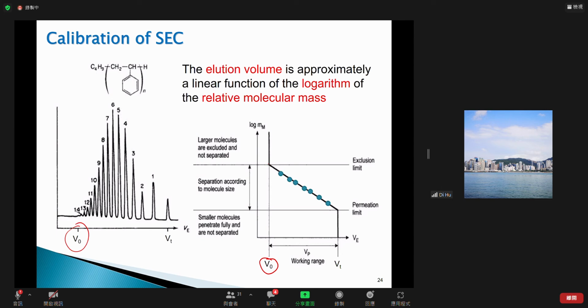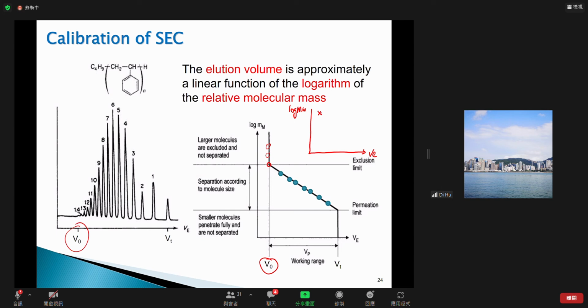If your compound, or molecular weight, is larger than this one, it is too large to diffuse in. So all of them are totally excluded and elute at V0. So you have this elution volume VE and this log molecular weight axis. For the first one, I have something really big, so I got one dot here.